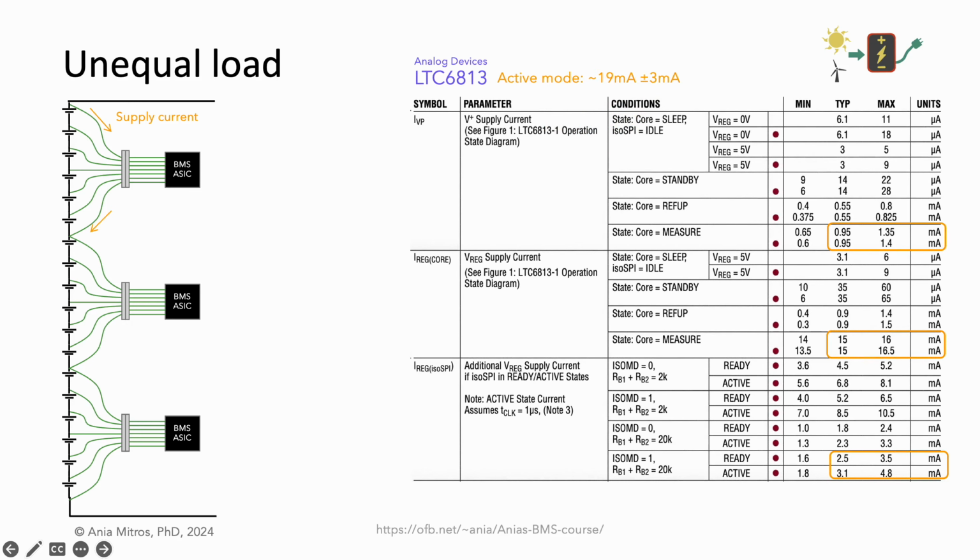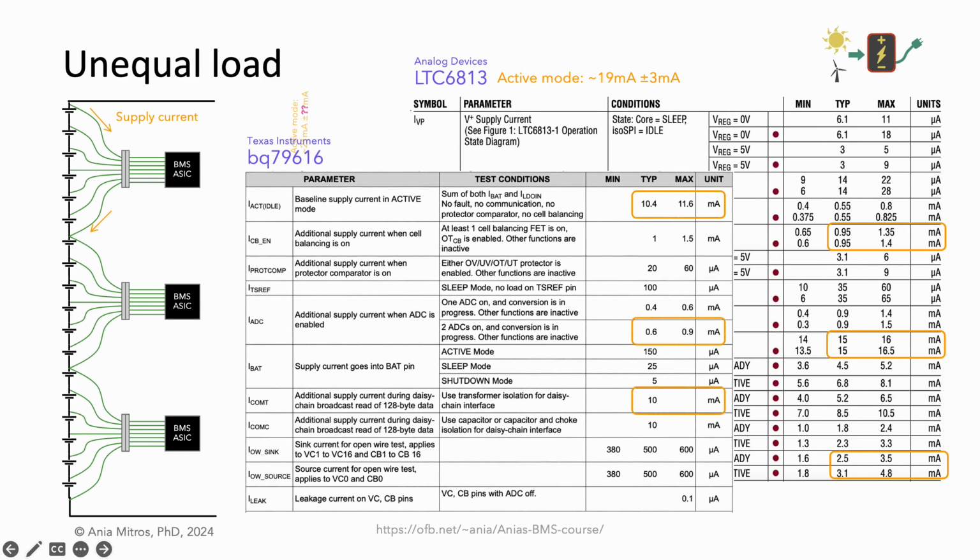When the chip is actively running, it consumes around 19 milliamps, with a possible variation of about 3 milliamps. About half that current powers the ADCs, and the other half is for the communications interface. The BQ79616 is similar, though the variation for the communications-related half of its supply current is not provided.